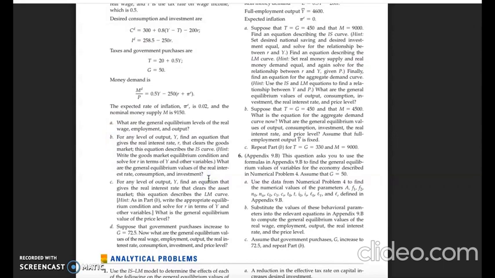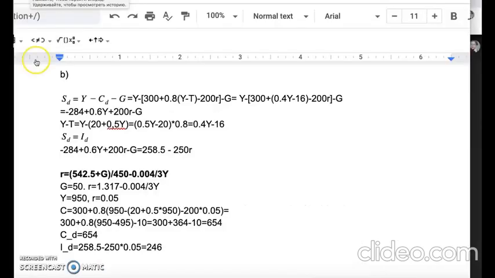This equation describes the IS curve, and there is a hint: we should look at the goods market. So again, we are looking at the goods market, and here we have the condition for the goods market equilibrium, and just substituting all the equations that we have.